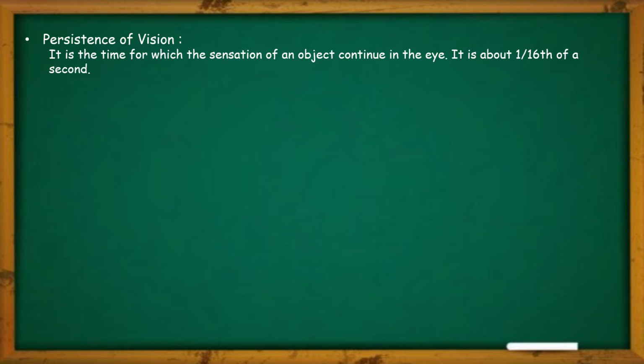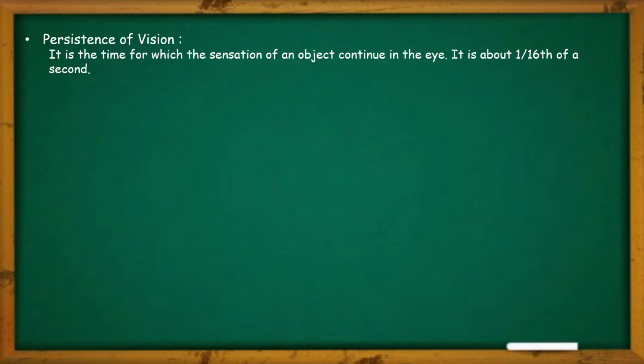This means, sometimes you have realized, you have done one activity in our lower classes, that suppose you are drawing the picture of a bird on one side of a cardboard, and on the other side you are drawing a cage, and whenever you are rotating that cardboard with greater speed, you will realize that two images are not distinctly visible.